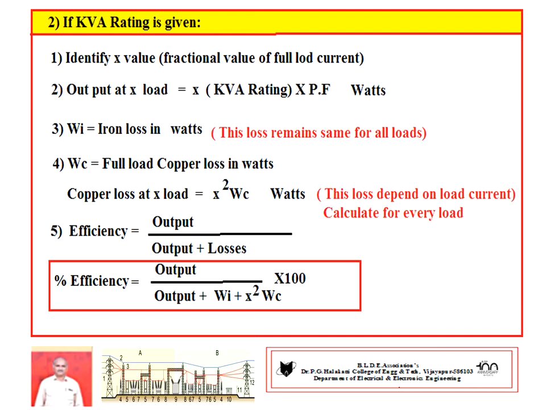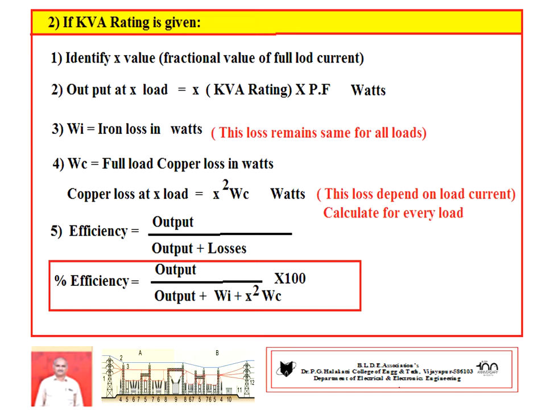Hence it is a variable loss. You have to calculate the copper loss separately for each load. Getting the idea? Wi, iron loss, is a constant loss, no problem. But copper loss at any load, you have to calculate by using X square into Wc. X value, what is the load condition?